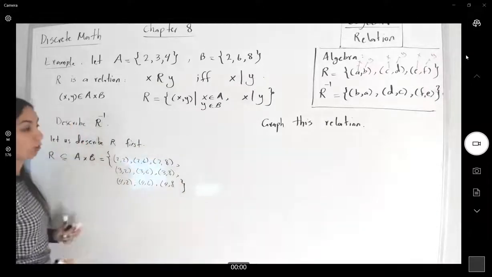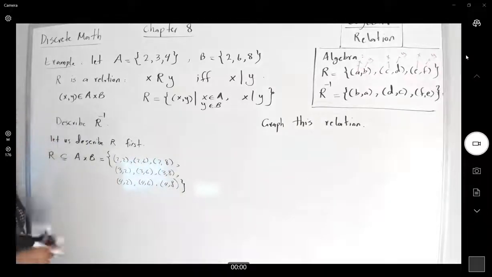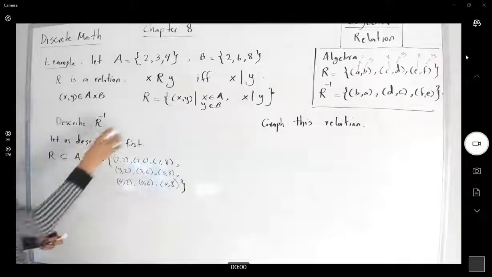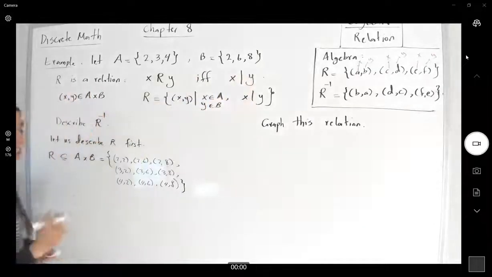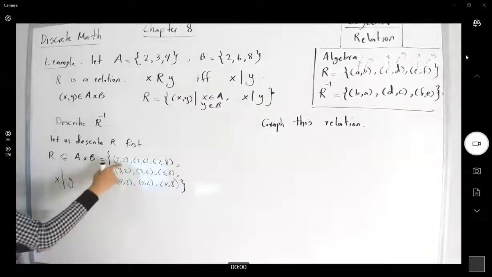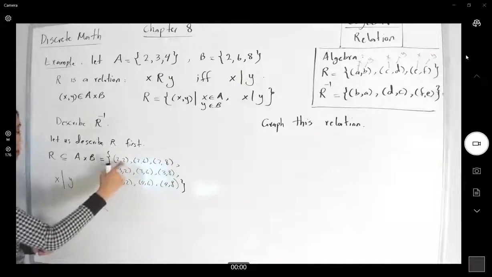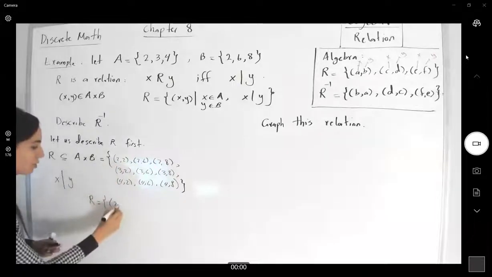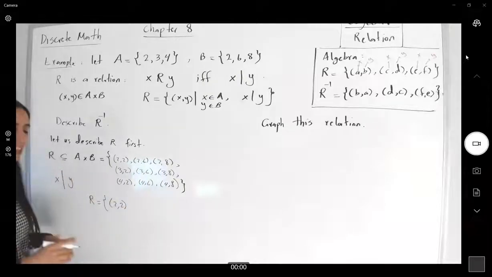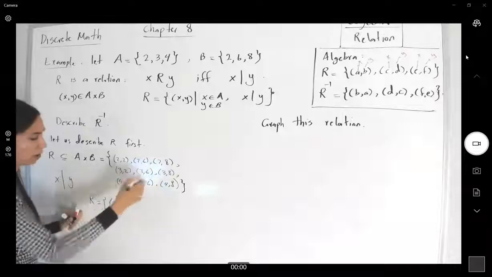Out of these points, we're looking for the points such that X divides Y. The first coordinate divides the second coordinate. Is the first one acceptable? Yes, of course, 2 divides 2. So 2 and 2 is the very first element in relation R. 2 divides 6, of course.